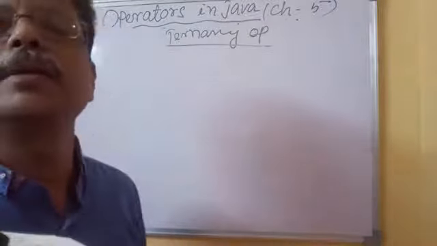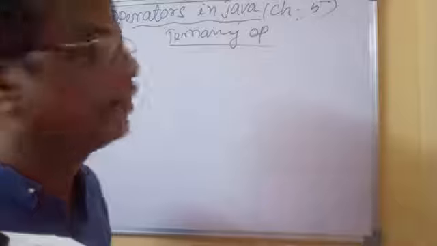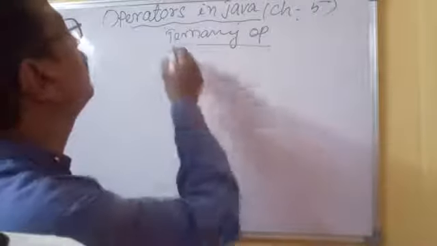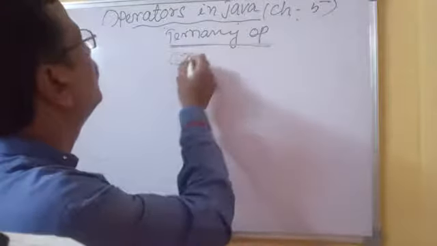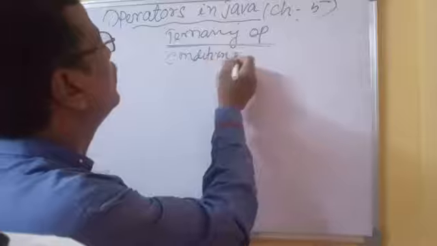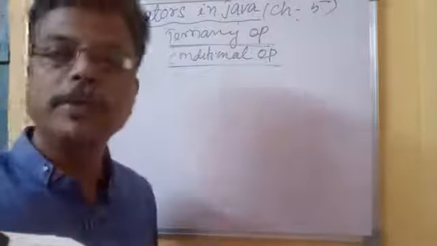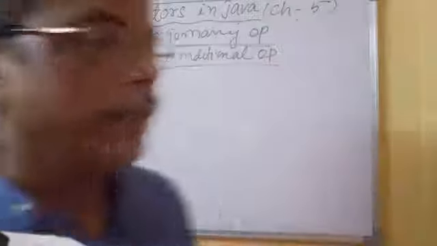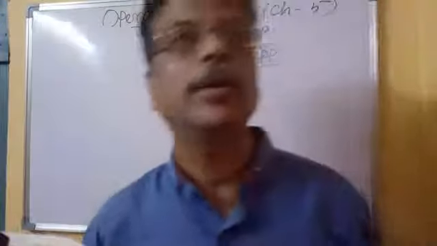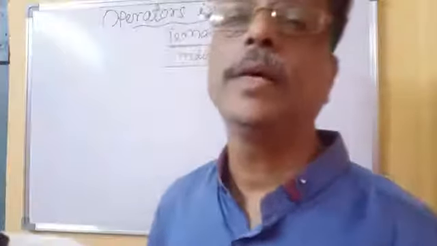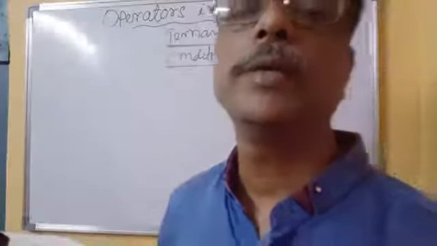What kind of operands you can write, what kind of operands are not possible to write. So this ternary operator is also called the conditional operator. Why it is called conditional also, you have to understand, because this is not like the mathematical operators performing addition, subtraction, multiplication, division.